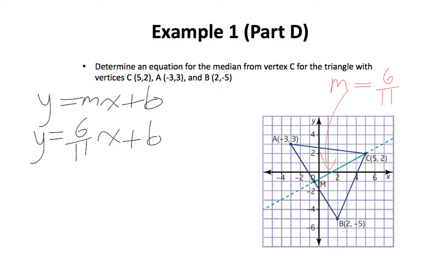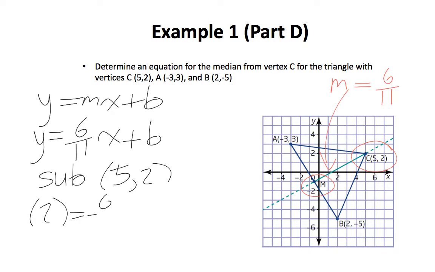To determine the value of the y-intercept, you need to substitute in any point on the line. You can either substitute in the midpoint here, or you can substitute in this point. I'm going to substitute in point C, just because it's a little bit easier to work with. So I'm going to sub in (5, 2), so that becomes a 2, and that becomes a 5.